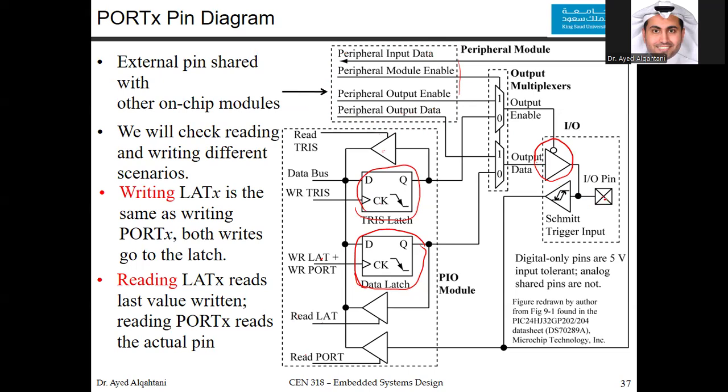So to choose which one you want, you should have multiplexers. As you can see here, the controller for these multiplexers is the peripheral module enable. So if you want the functionality to be GPIO, you should choose the value here to make it 0. So if it's 0, you will choose this and this.